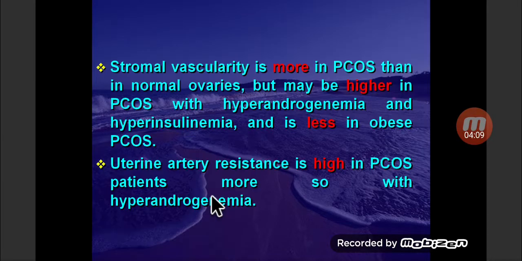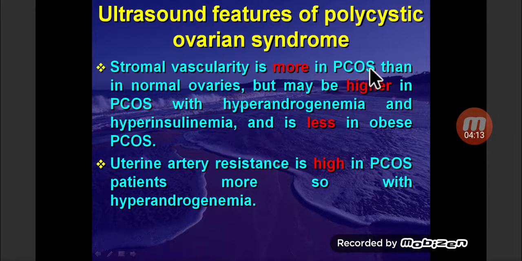You need to be watching out for stromal flow. It's more in PCOS than in normal ovaries. Higher in PCOS with hyperandrogenemia and hyperinsulinemia. Less in obese PCOS. Uterine artery resistance is high in PCOS, more so with hyperandrogenemia.